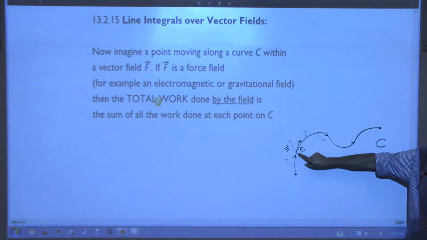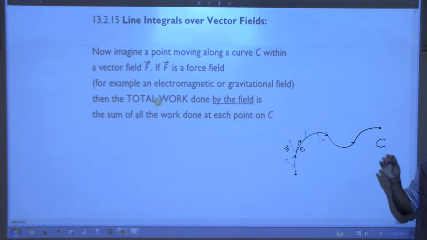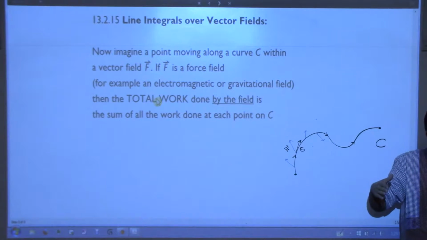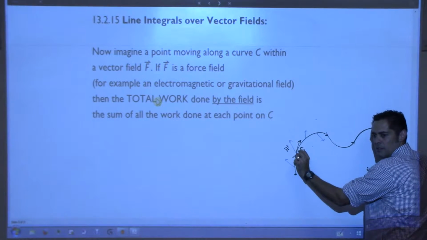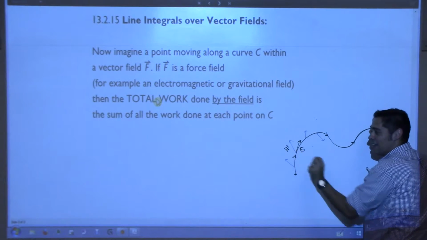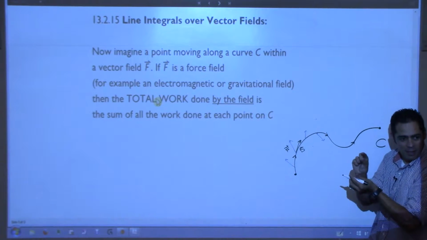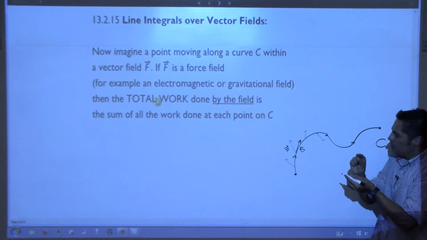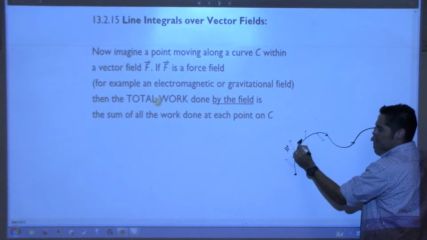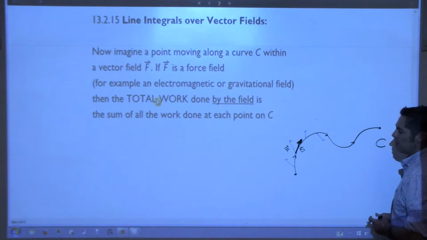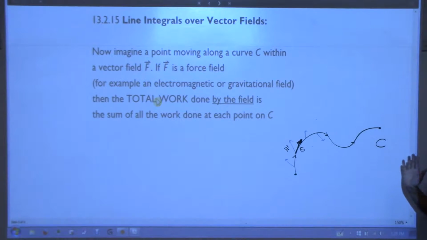But there's a problem with that. How can you have work done at a single point? You have to have displacement, don't you? So what we do is we do it on the infinitesimal. We take an infinitesimal point. Well, that doesn't make any sense. We take an infinitesimal segment of the curve. So what can you tell me about this displacement vector? How do you think it's related to the curve itself?